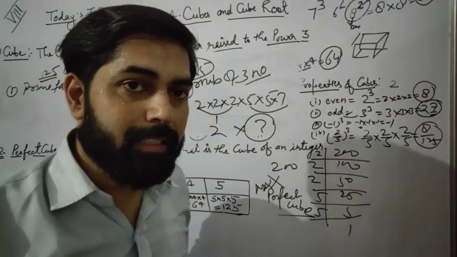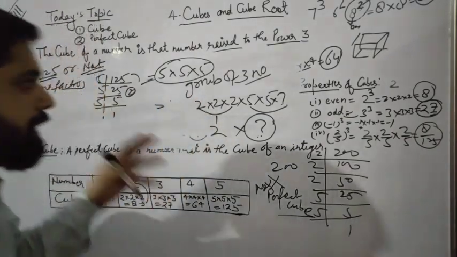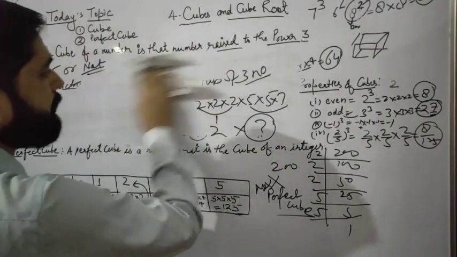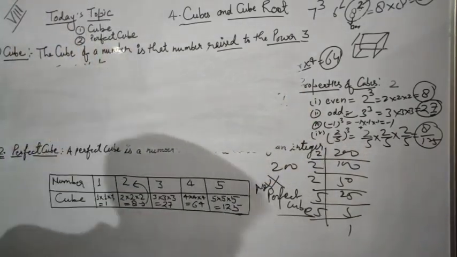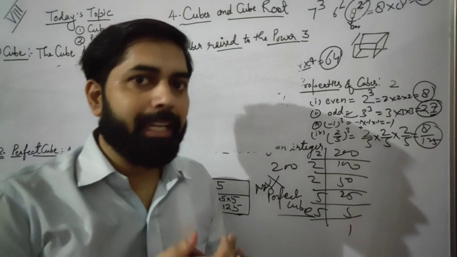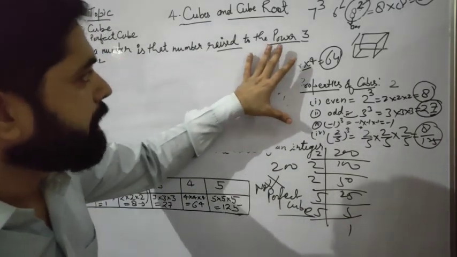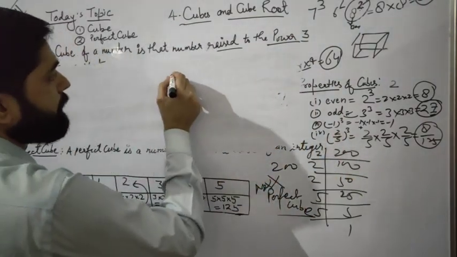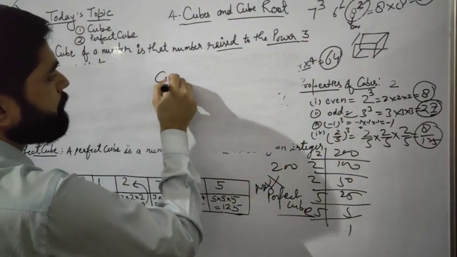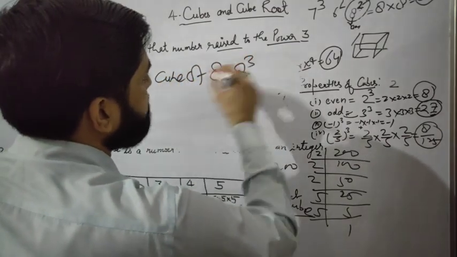So students, keep in mind some important things. What is the cube, what is the property of cube, and what is the perfect cube? Again I will revise these topics. Cube: the number raised to power 3. Cube of 8 means we can write 8 power 3.